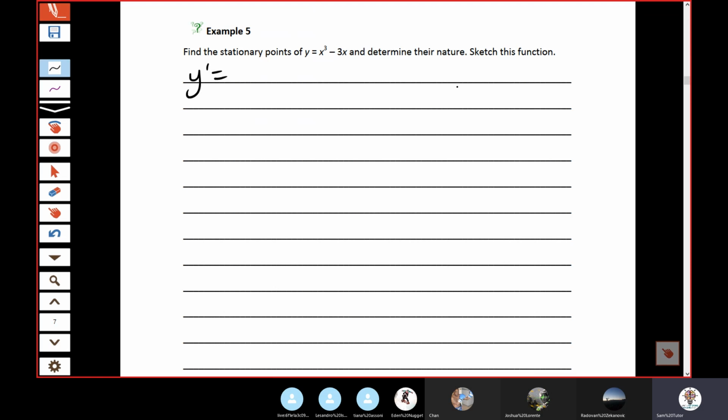All right, let's do it. Y dash equals 3x squared take away 3 equals 0. So therefore x squared equals 1, and obviously x equals plus minus 1. Sub it in: y equals 1 take away 3, which is negative 2, and y equals negative 1 plus 3, which is 2.